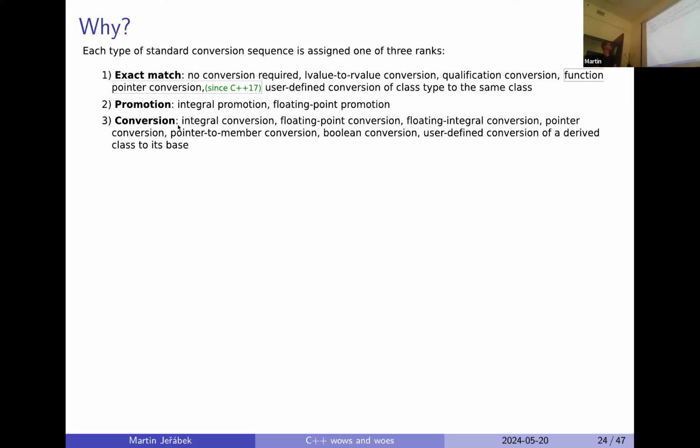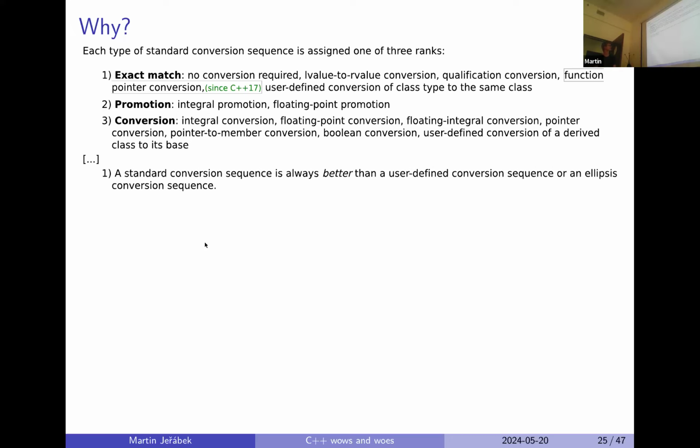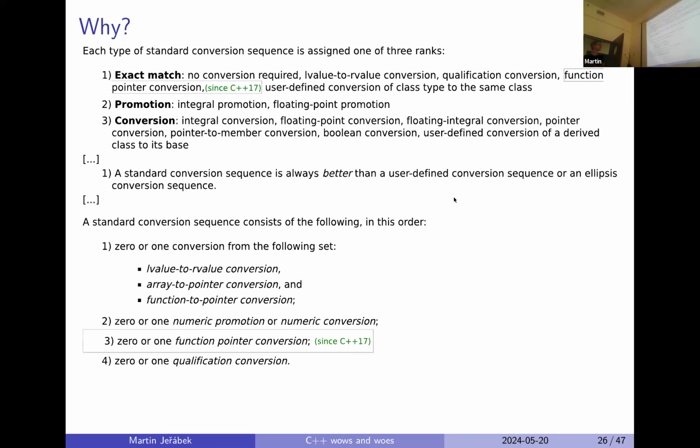Or conversions. There are lots of conversions: numeric, integral, Boolean, user-defined, and so on. And the standard conversion sequence is always better than a user-defined conversion sequence, which is important. In the standard conversion sequence, you have a lot of stuff.